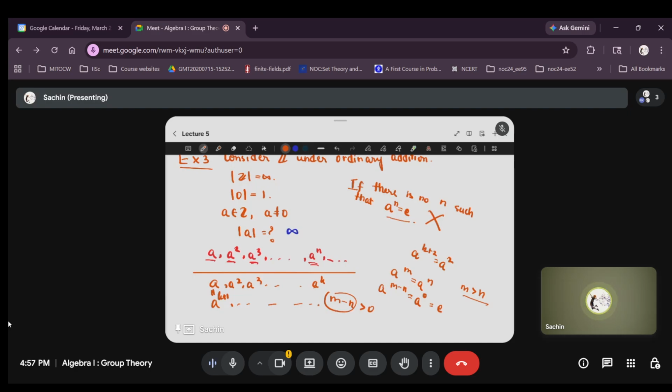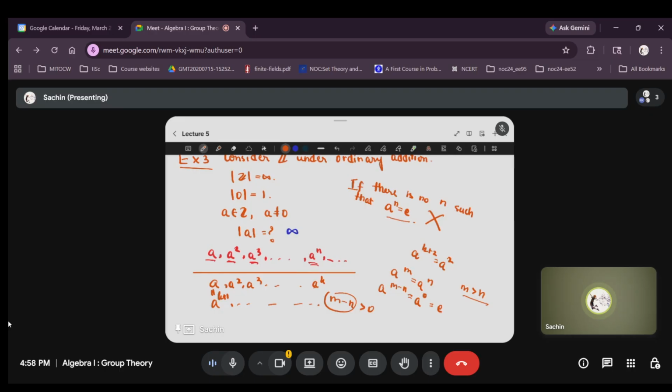This is the same argument we used to show that in a finite group, every element has an inverse. In a finite set, if closure is satisfied, you don't have to check for inverses. Closure is enough. So we had seen one problem like that.